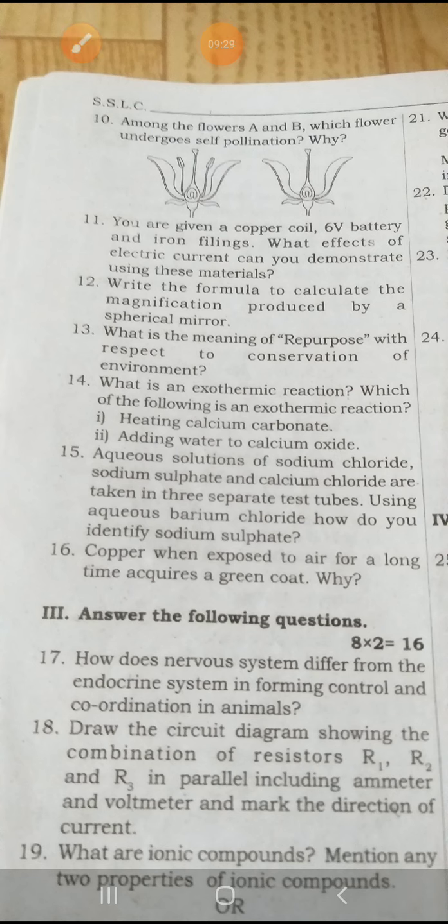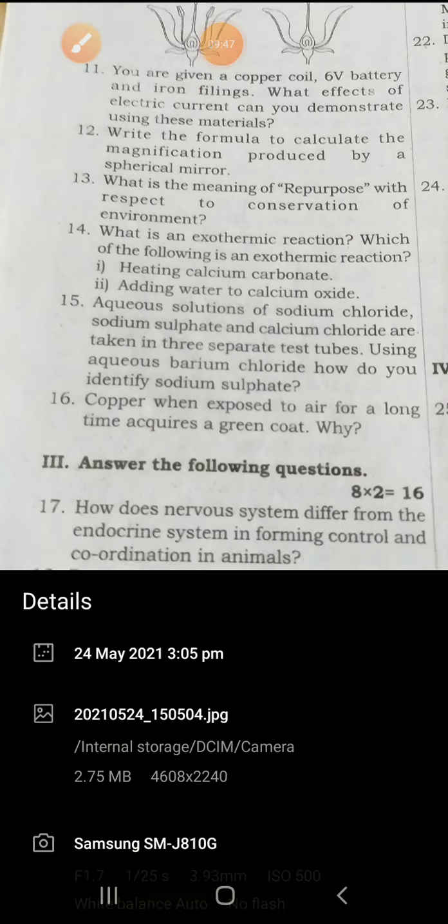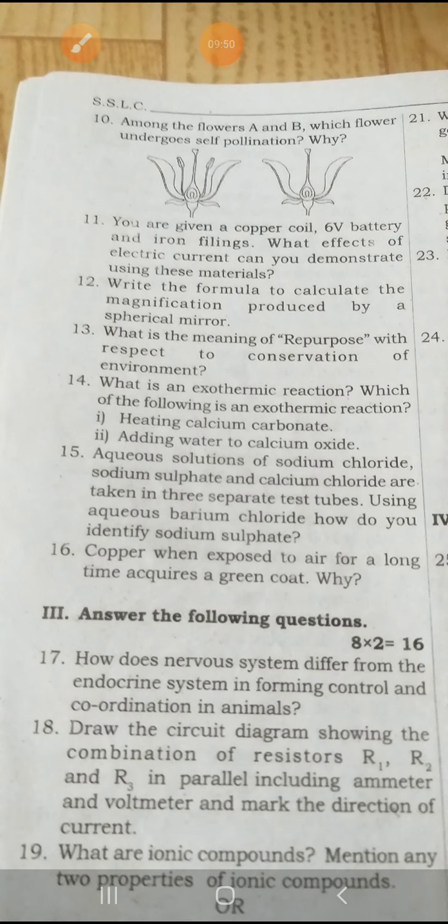So the 14th answer: the reactions in which heat is liberated are called exothermic reactions.